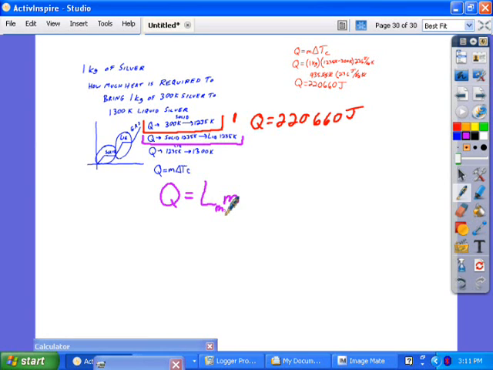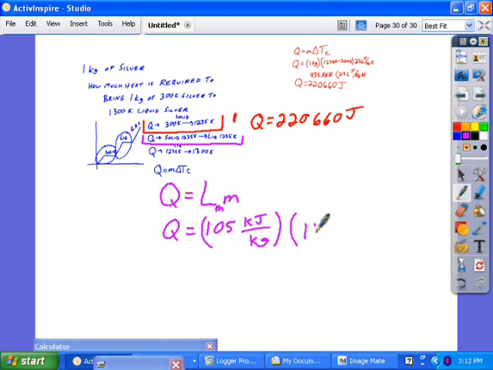Okay, so on page 487, it says silver has a heat of fusion of 105 kilojoules per kilogram. Alright, so Q equals 105 kilojoules per kilogram times my mass.